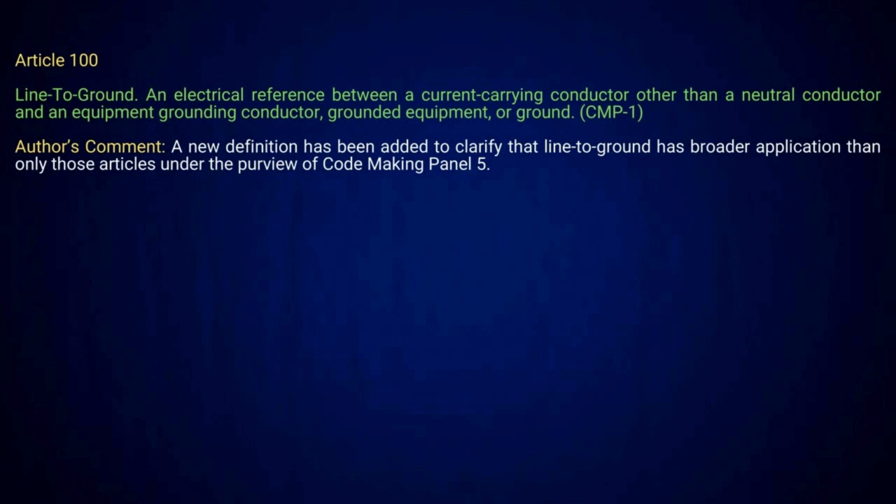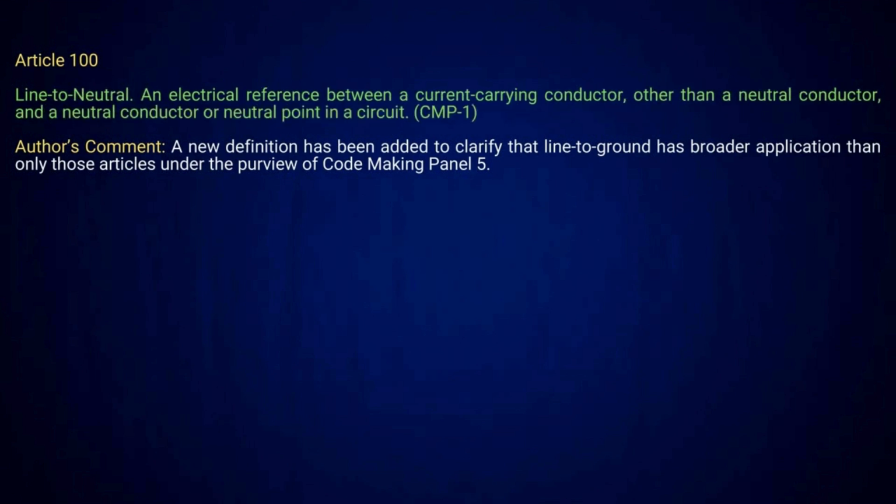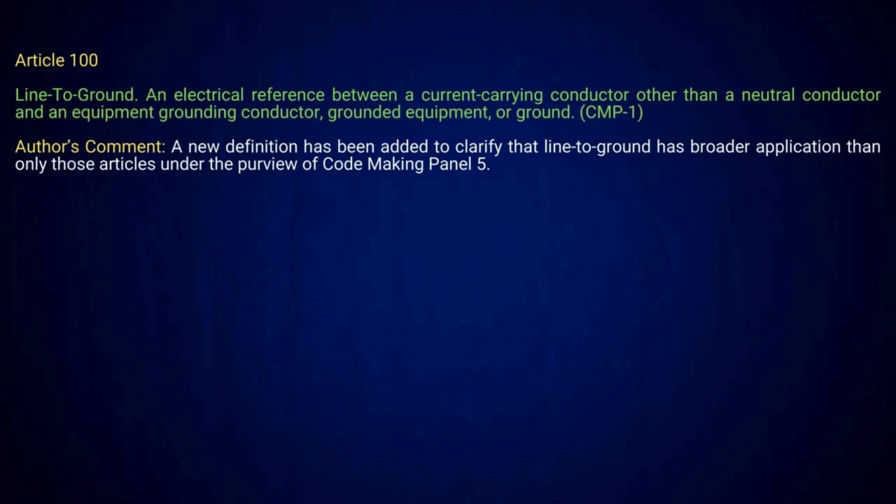Then another one they did was interesting, because I never really thought this needed explanation, but you're going to see three here: line to ground, line to line, and line to neutral. When you have line to ground, this is an electrical reference between a current carrying conductor other than a neutral conductor and an equipment grounding conductor, grounded equipment, or ground.